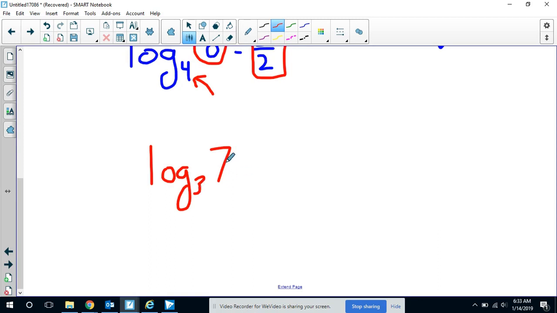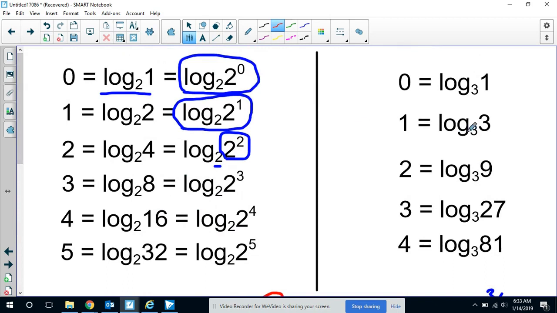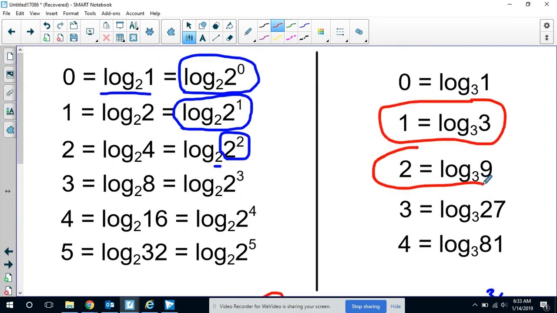But I can say, even without a calculator, that this is going to be somewhere between 1 and 2, because I know that log base 3 of 3 is 1, and log base 3 of 9 is 2. And so I know that log base 3 of 7 would be somewhere in between 1 and 2, and it's probably closer to 2 than it is to 1, by a little bit.